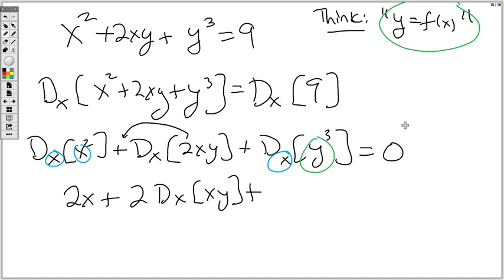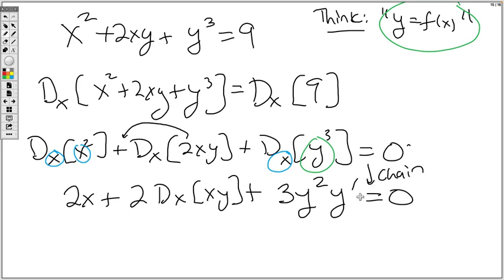And what's the derivative of something cubed? 3 times that something squared times its what? Times its derivative. So do you see why we're using the chain rule there for that term? And we could use it here. The derivative of x squared is 2x times the derivative of x with respect to x, but the derivative of x with respect to x is 1. Do you see what's happening here or not, folks? Are we good? That's your chain rule. Okay.